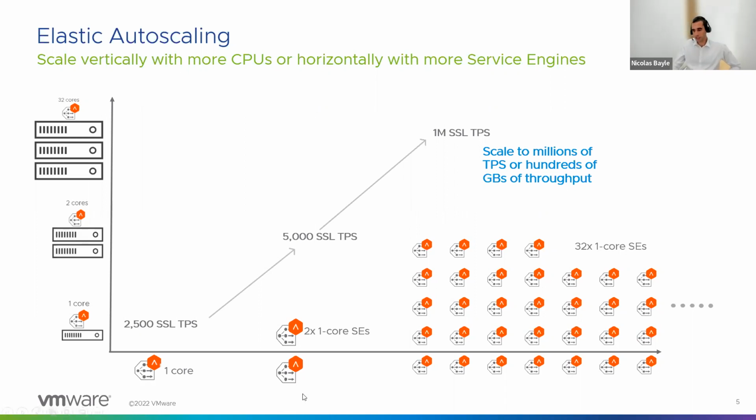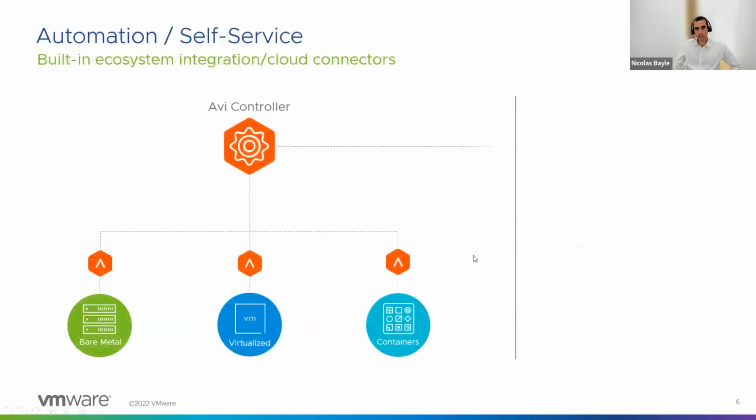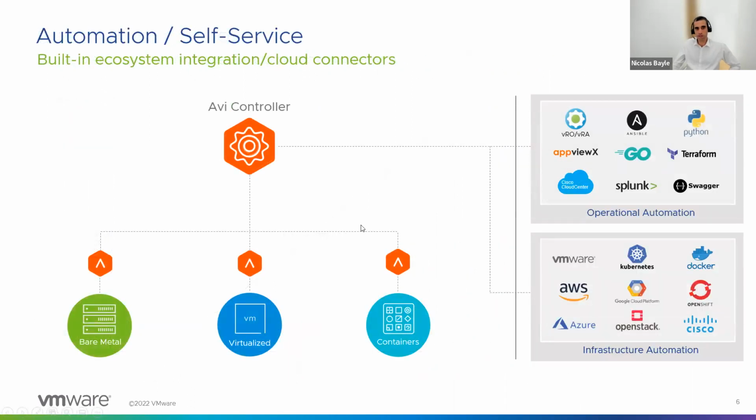So you understand that this automation is doable because we have a few things. First, the AVI controller knows your underlying environment, like VMware, AWS. You see the names that we have on this slide here.